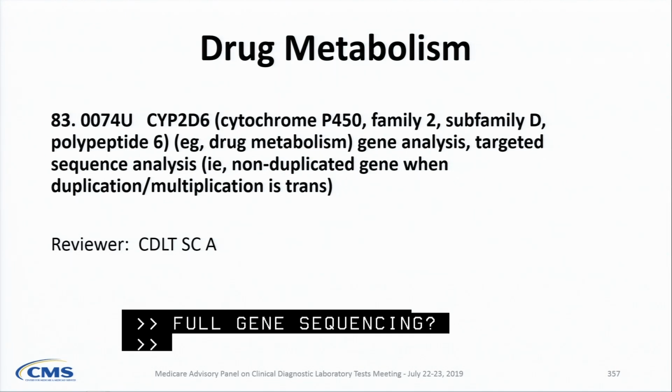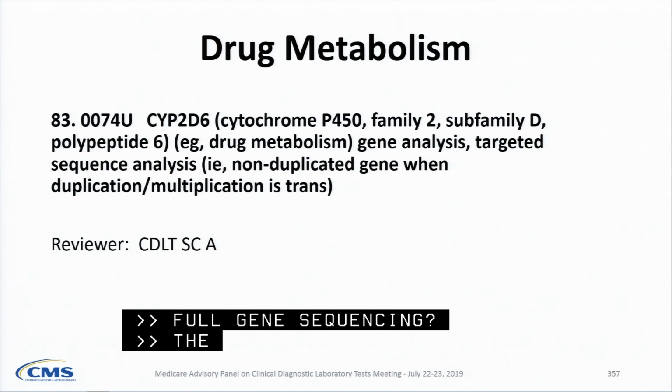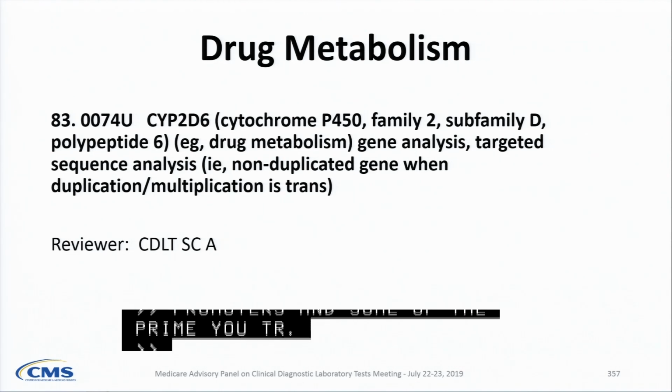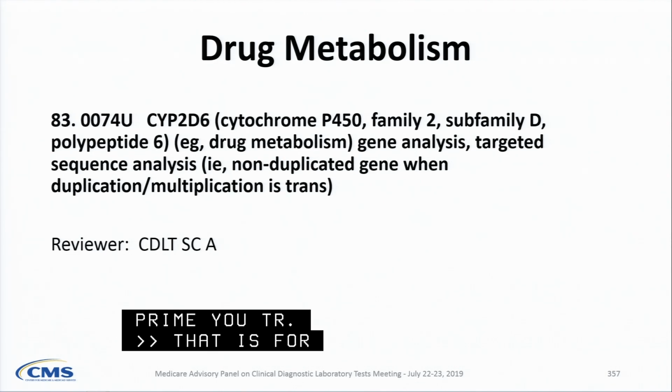Well, I guess it gets part of the promoter. So all the exons, not the introns, and part of the promoter is what you said? Yeah, so promoter, exons, intron-exon splice junctions, and some of the 3' UTR. Right, but that's for all of those add-on codes every time. Yes, all of the add-ons. Okay, that clarifies things.